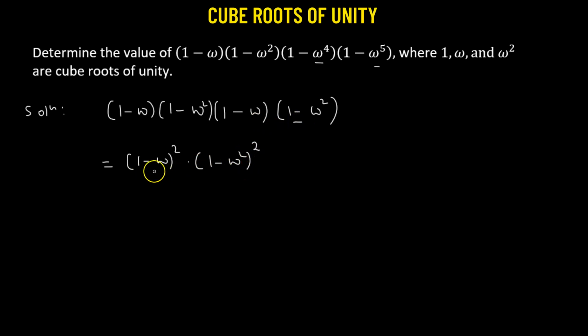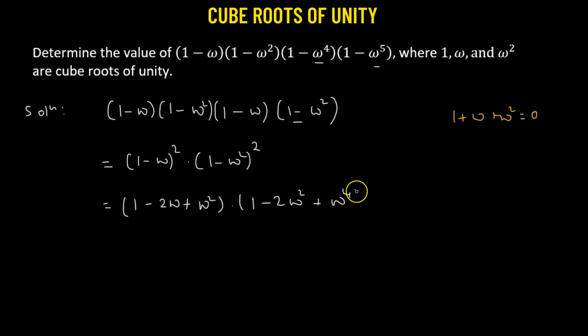Now the task will be to find out these two values. Here we cannot immediately use the fact that the sum of the roots equals 0. So before coming to this property, let's expand this. Here we have 1 minus omega whole squared, which is simply 1 minus 2 omega plus omega squared, multiplied by 1 minus omega squared whole squared, which is 1 minus 2 omega squared plus omega raised to the power of 4.